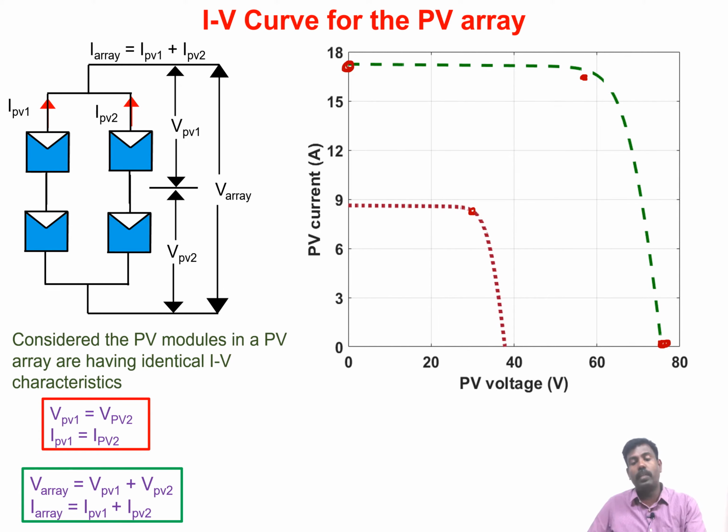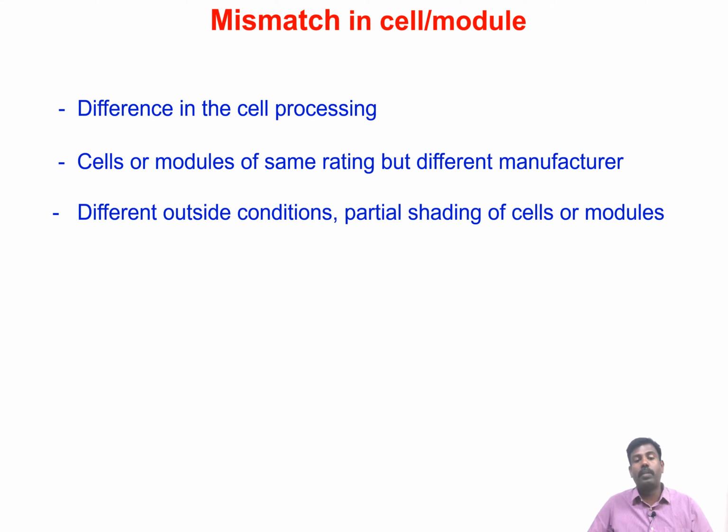It may be due to a difference in cell processing, because the processing technology may be different. Modules of the same rating but different manufacturer are normally not preferred. If someone has connected modules of the same rating but a different manufacturer, there is a possibility of dissimilarity, but it is very minor.